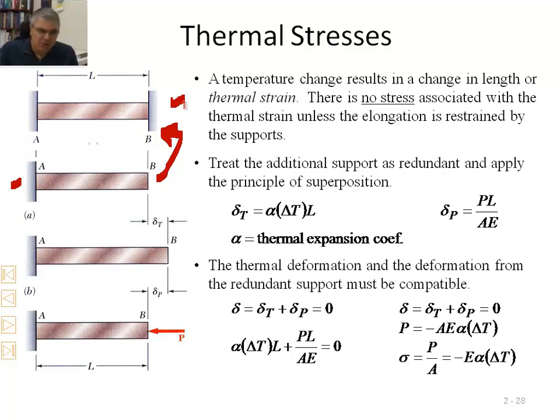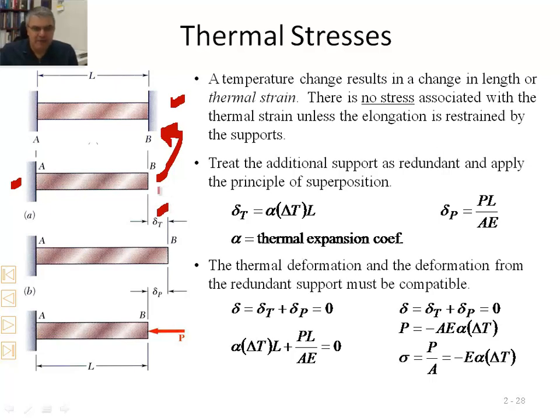We call it a coefficient of thermal expansion because we are dealing with an increase in the temperature. So in order to find delta T, and delta T is the amount that the bar would elongate after I increase the temperature by an amount delta T.